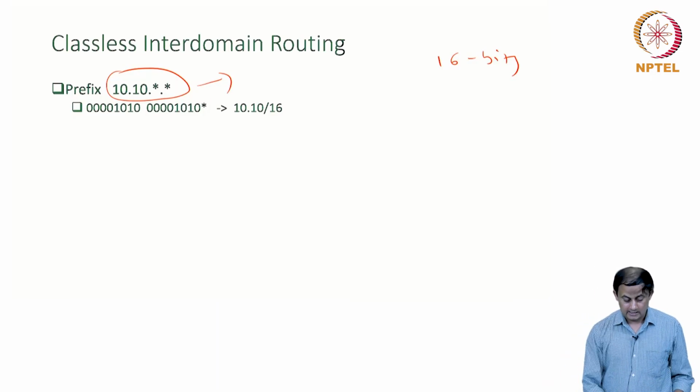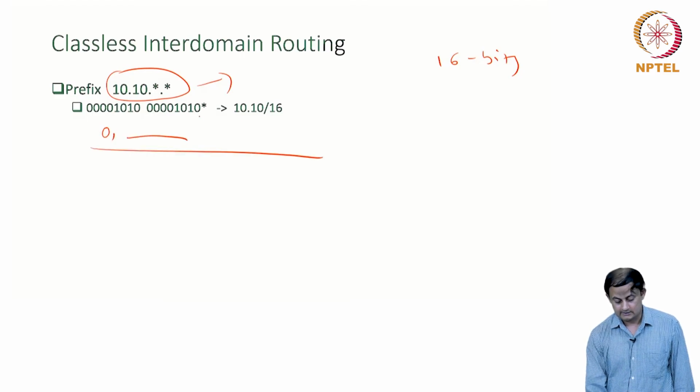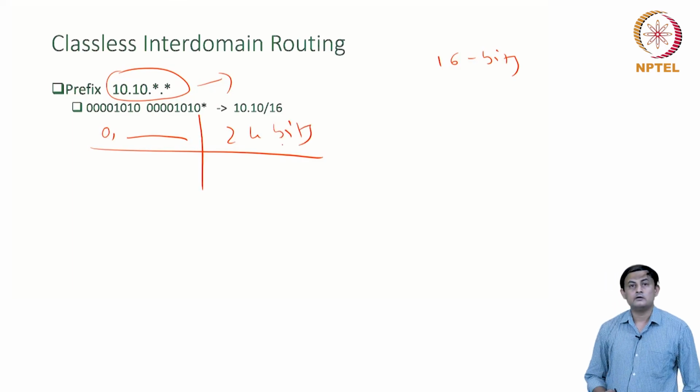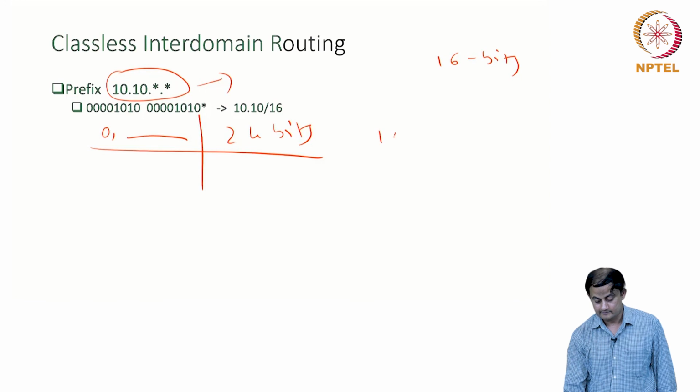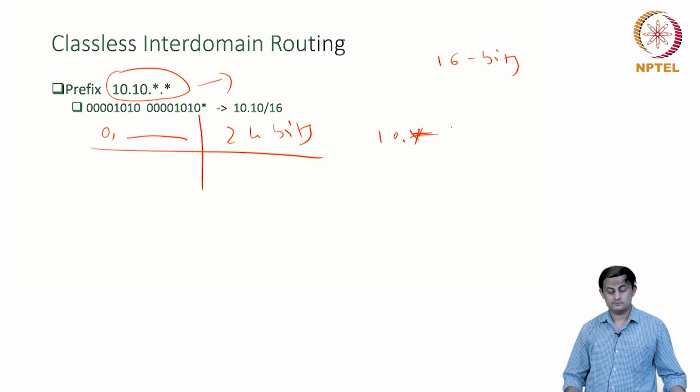All the classful addresses for that matter can be represented in a prefix format. When I said that a class A address is starting with 0 and then the next 7 bits and then the 24 bits for the host portion, maybe 10 star is the prefix.